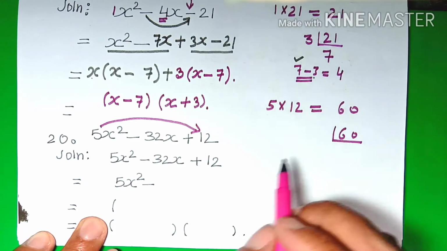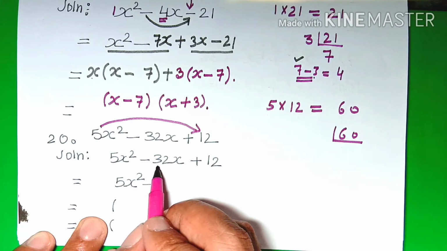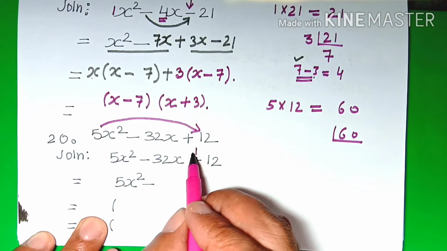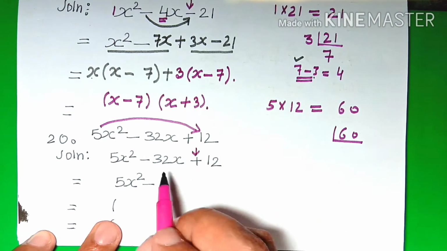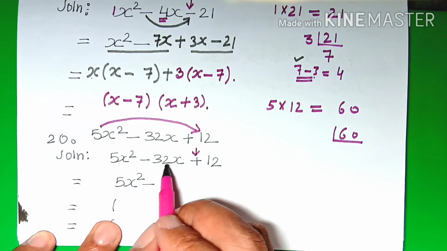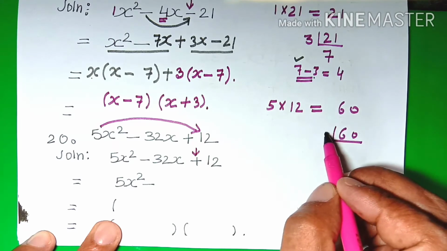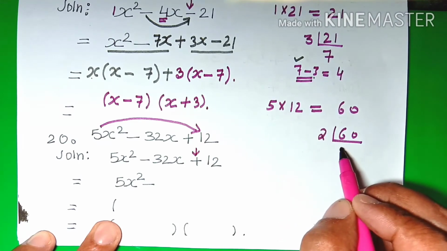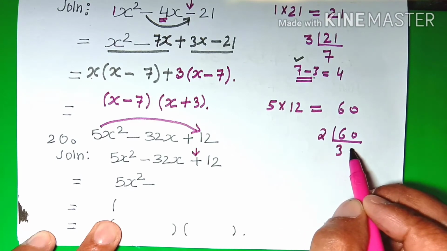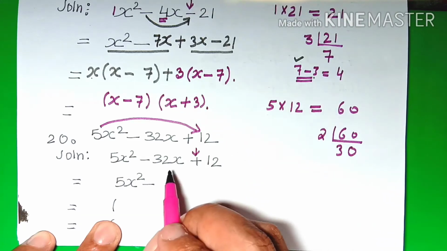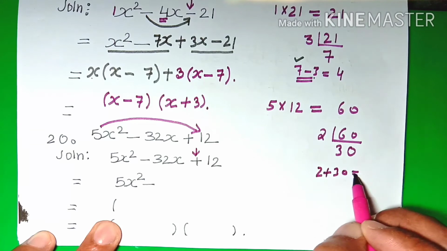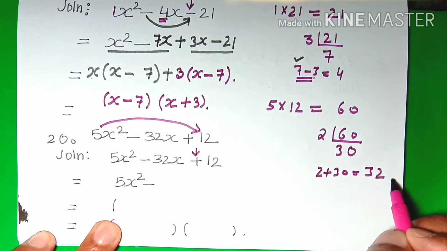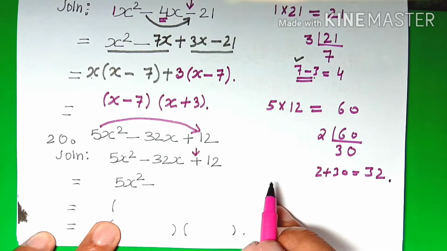But here your main target is to get 32. Which sign you'll have to check? That is plus sign. So with plus sign, the sum of the two numbers should be equals to 32. Now it is divisible by 2 table. So take a try here, 2 into 3, 6, 2 into 0. Are we getting 32? If we add this 2 plus 30, and that equals to exactly 32. That means I've got the factor.